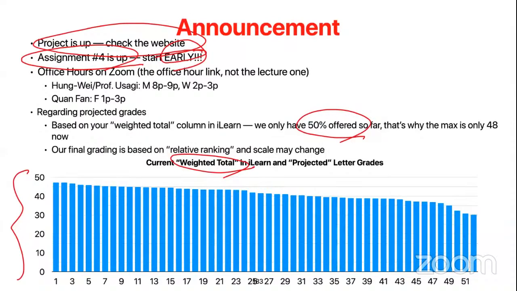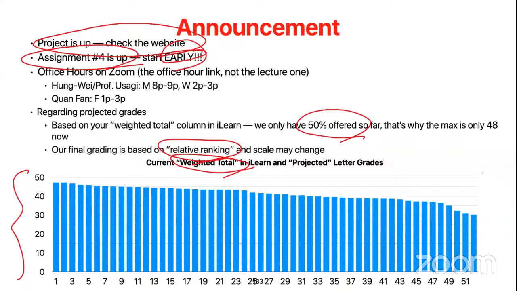And the projected grade that I put here, as I mentioned, is based on relative ranking. Some of you might be asking, if I got a total of 90% of my grades, will I potentially get a B plus? Well, it is possible if a majority of the class is above 90% of the grade.